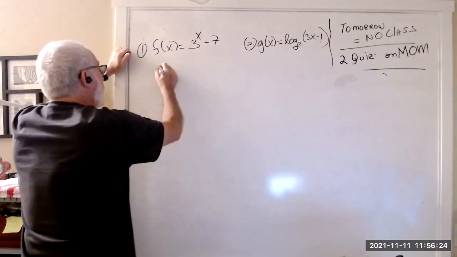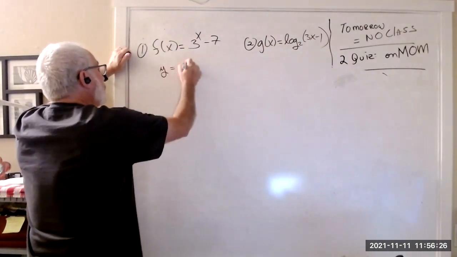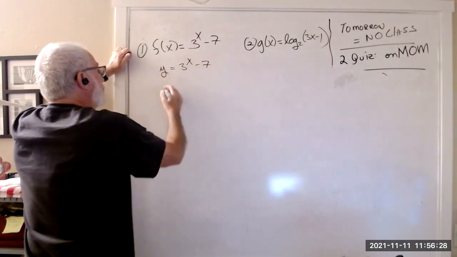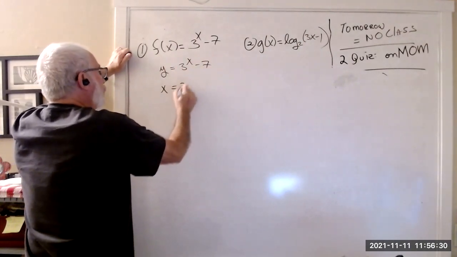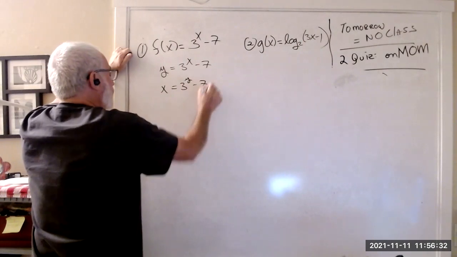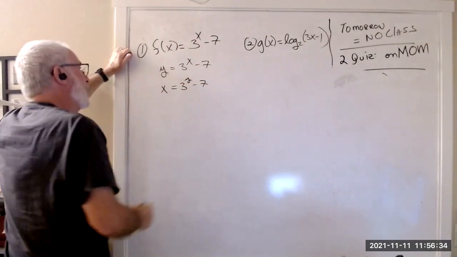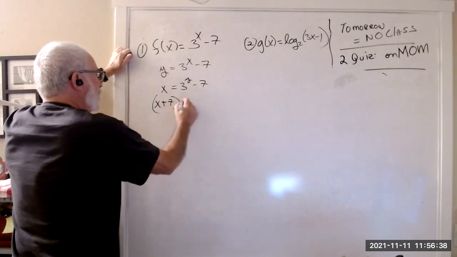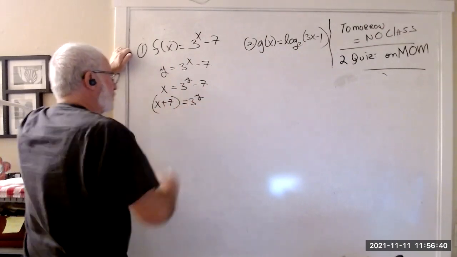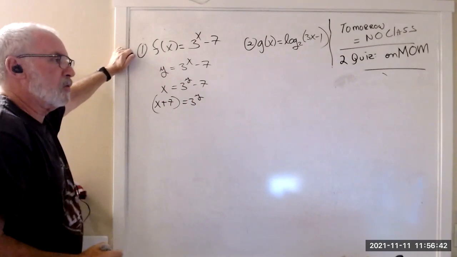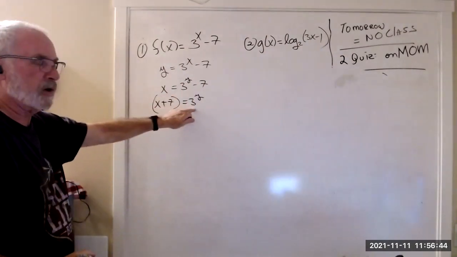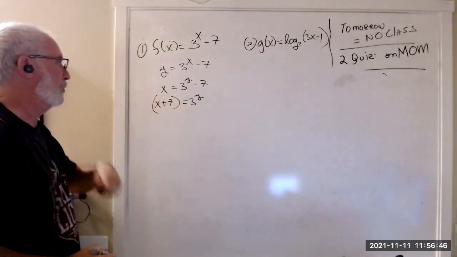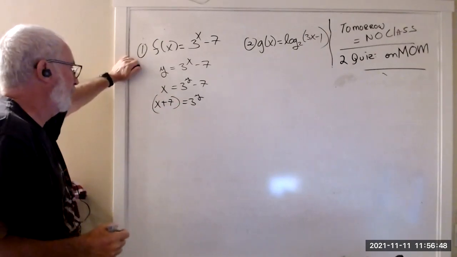So let's see what I got. y equals 3 to the x minus 7. x equals 3 to the y minus 7. So I'm going to call this x plus 7 equals 3 to the y. Remember, our rule is if you got something weird, try and get it as alone as possible. How do I get it alone?